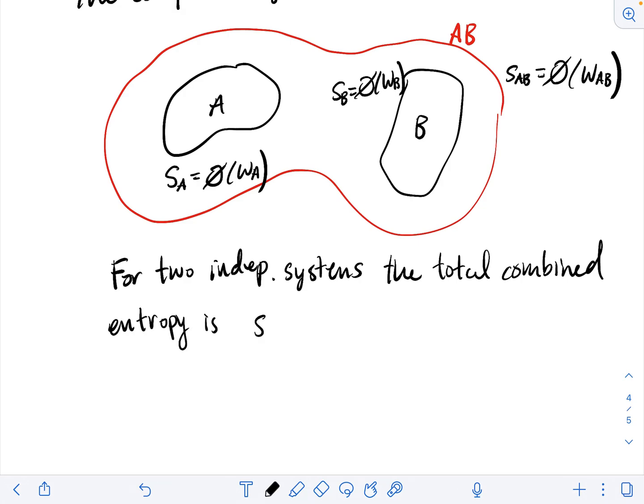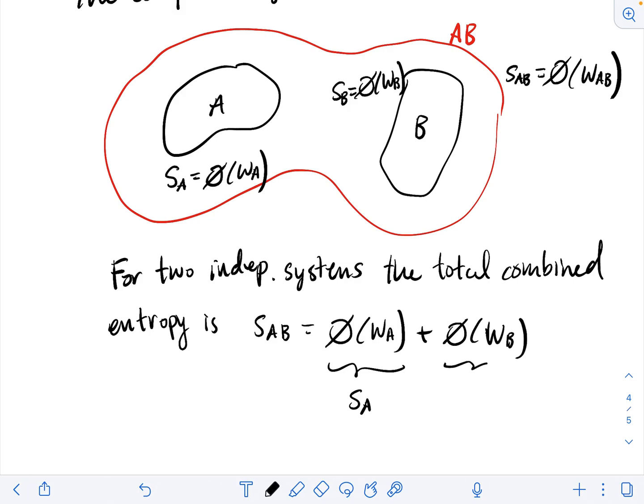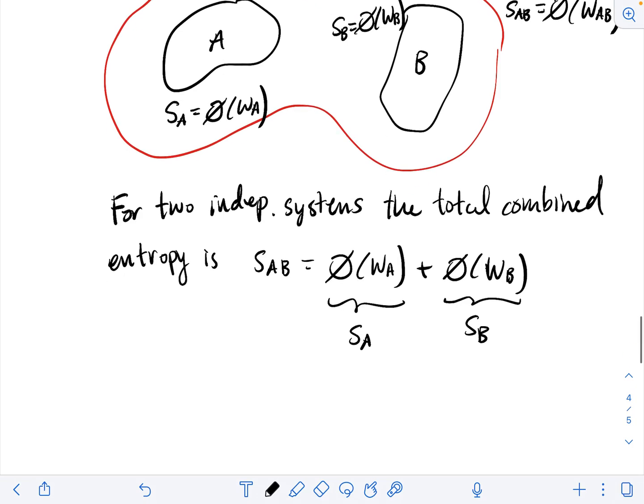If we had a composite system, the entropy of that composite system is going to be the entropy of system A plus the entropy of system B.